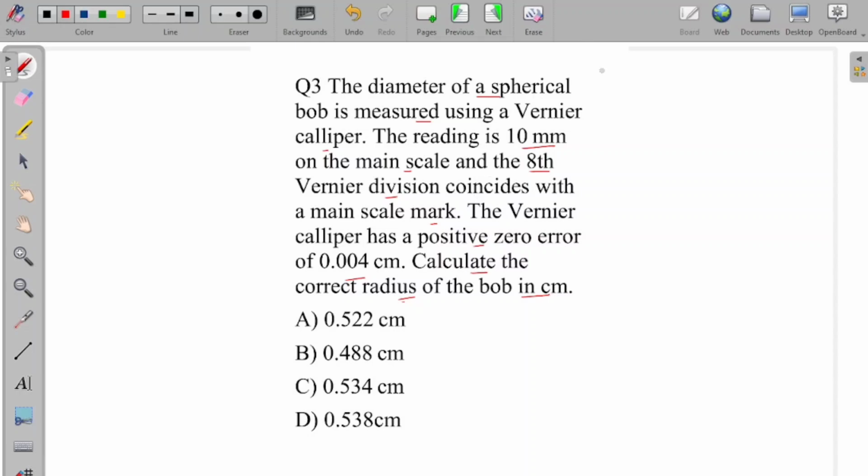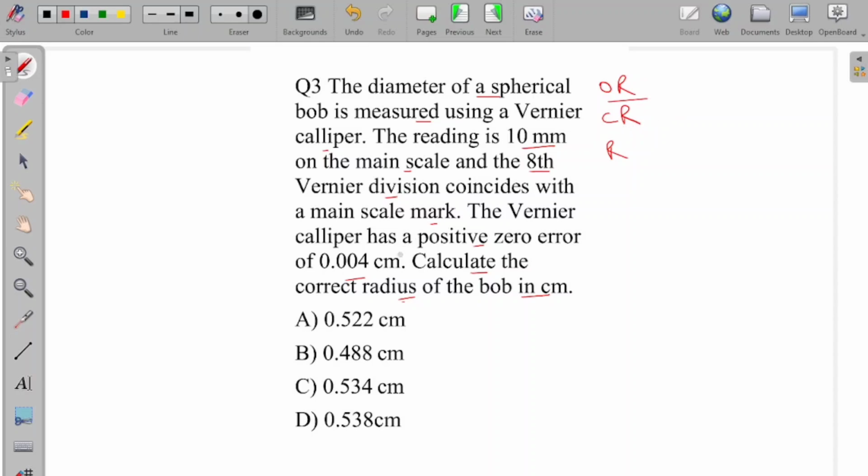We will solve this question in 3 steps. In the first step, we will find the observed readings, and then we will find the corrected readings, and then we will find the radius. Observed readings will be found by the basic formula that we use, main scale reading plus Vernier scale division into least count.